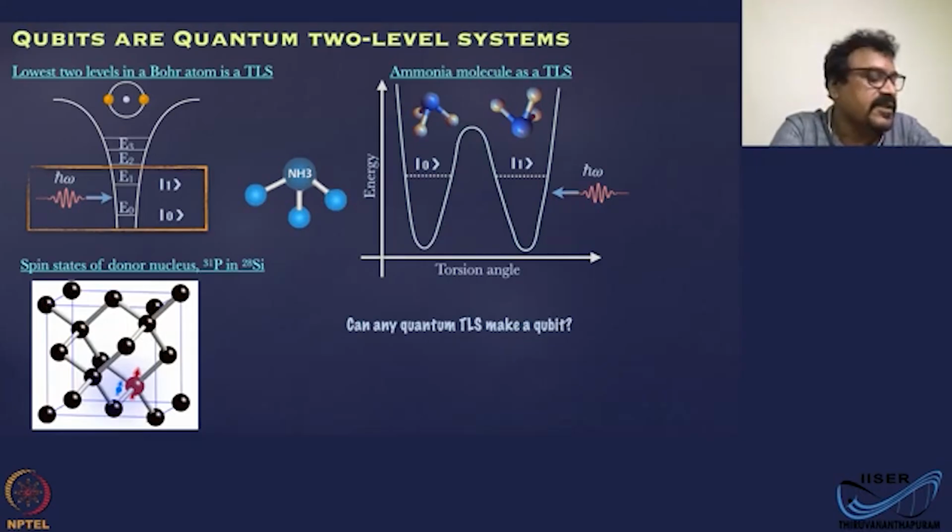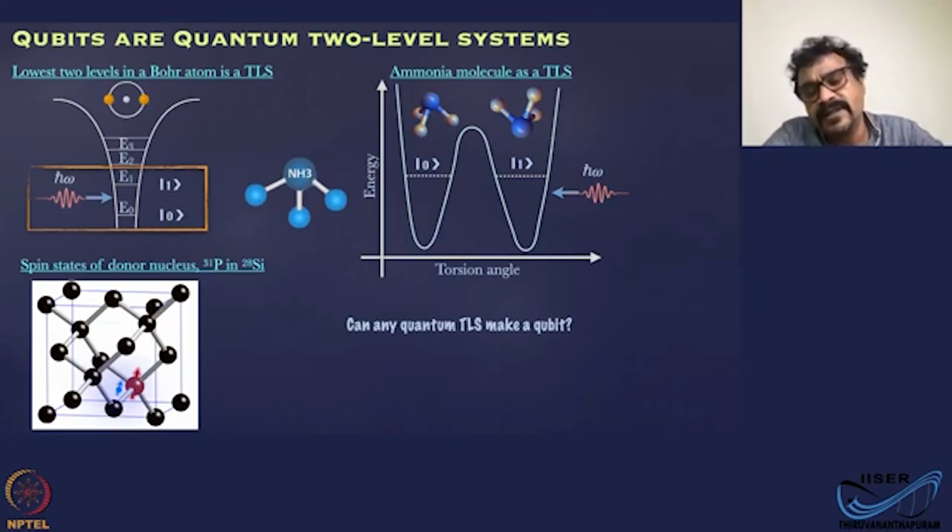You can have the system in this 0 state or 1 state, and you can also put it in a superposition state. Another example is the spin state of a donor nucleus, say phosphorus 31 in silicon 28. You have one donor atom here, and the spin state of this is another example.